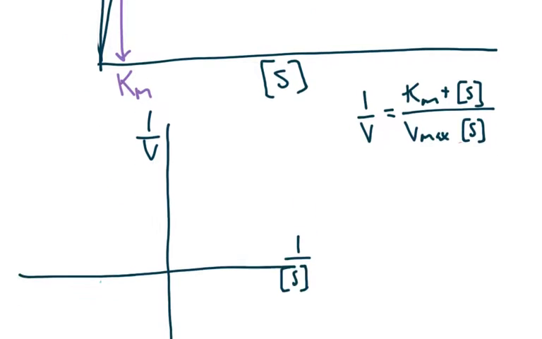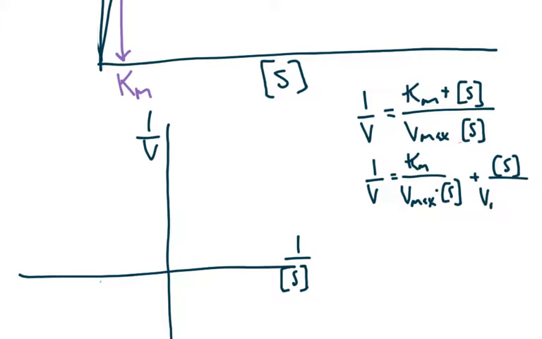We can further split this up into 1 over V equals Km over Vmax times S plus S over Vmax times S. Notice that we can cancel out S, and we can also split up the fraction on the left.